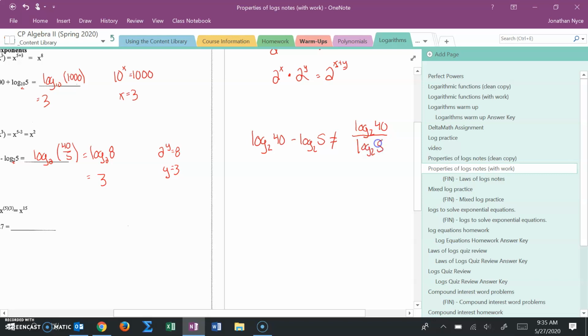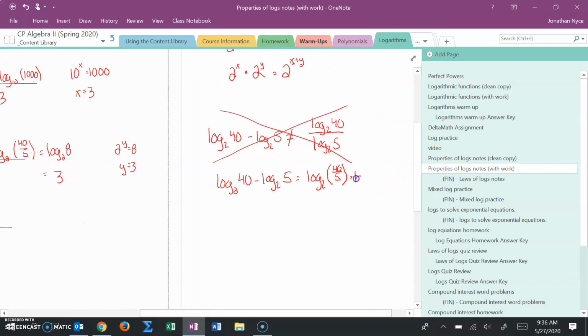That's a mistake I've seen a lot of people make, and that's not correct. The two logs being subtracted become one single logarithm where the arguments are divided. So don't write it as log divided by log. It's log of the argument, in this case 40, divided by the other argument, in this case 5. That gives us log base 2 of 8.